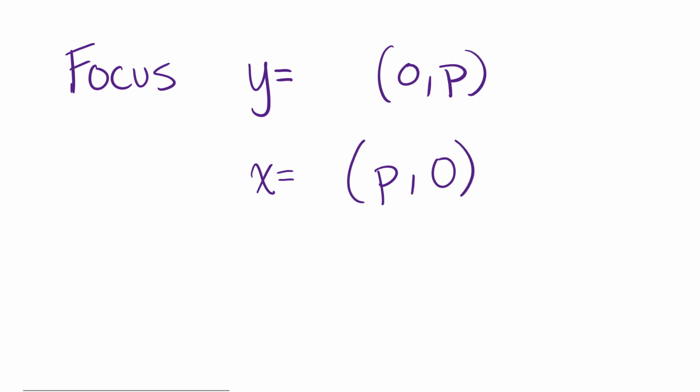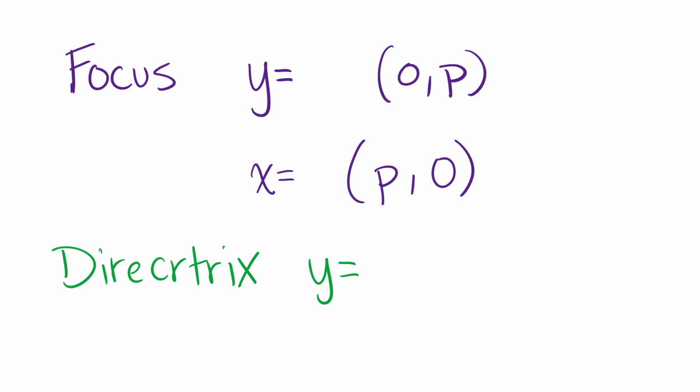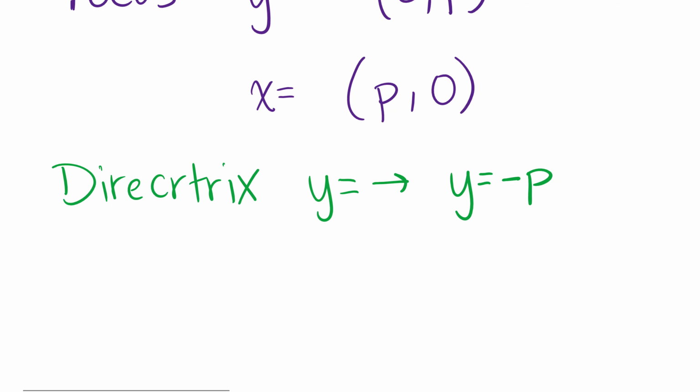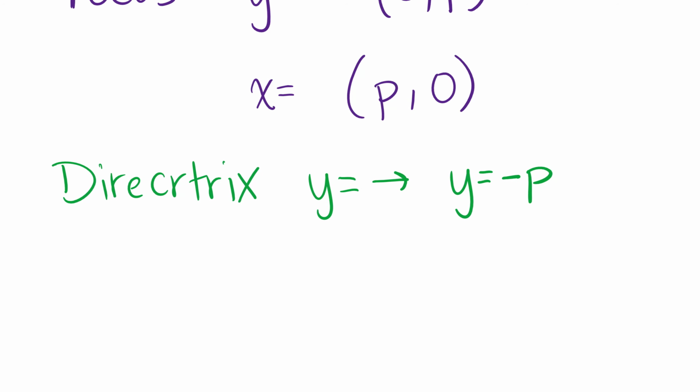So for directrix, the last part down here, for y equals equations, my directrix is going to be y equals negative p. So if I have a y equals equation, my directrix is y equals negative p. Whatever p is, I flip the sign.